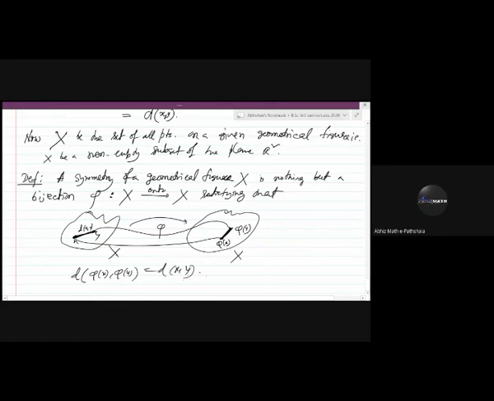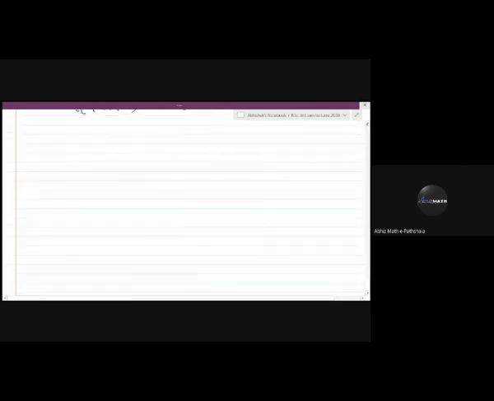So if it does, then you can define phi from X onto X to be a symmetry of the geometrical figure. Okay. So in this way you can give a definition of a symmetry.